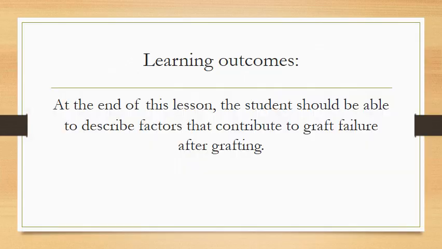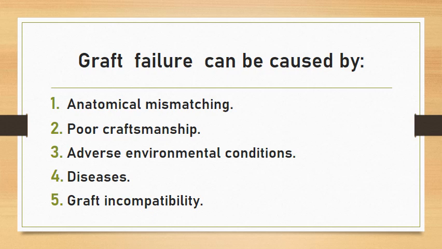Therefore, at the end of this lesson, I hope you should be able to describe factors that contribute to graft failure after grafting. Not all grafting processes will end up with success. Sometimes the grafting that we made may face failure.